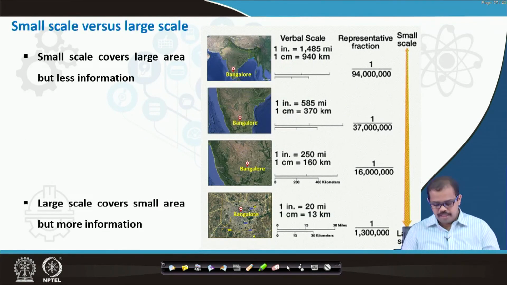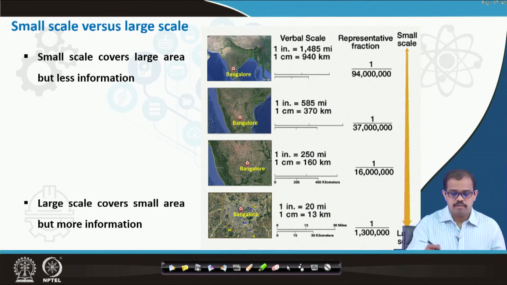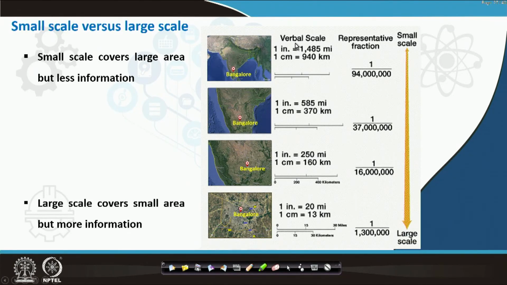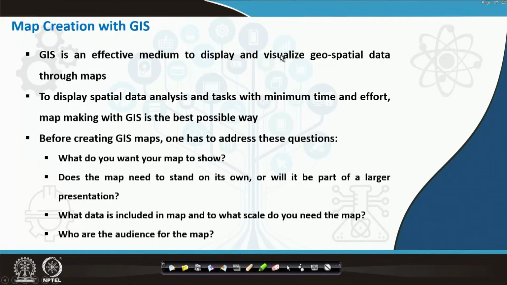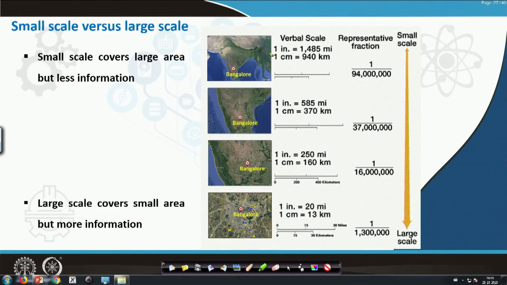Okay, just to give you an example of a scale, if you look at this, the first here I have represented 1 inch is equal to 1.485 miles or 1 centimeter is 940 kilometers. So the representative fraction, if you look at, is 1 by 94,000,000 is what the representative fraction is. So this is giving you the least information. It is only representing Bangalore in the entire country, India.